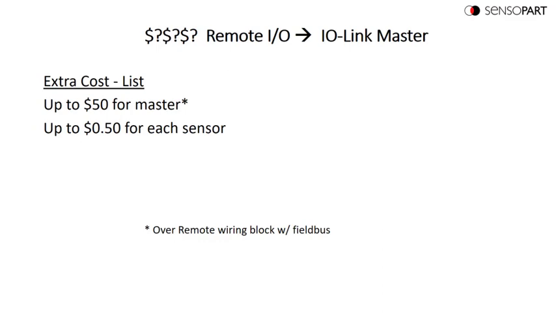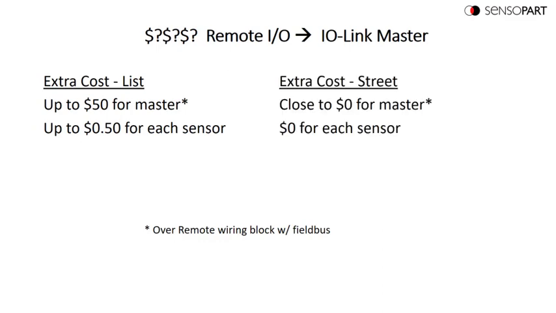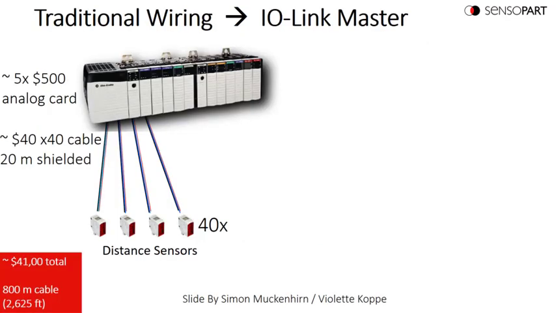The list price extra for IO-Link might be $50. It may be 50 cents for a sensor. It's hard to tell because the street price is no extra money for a sensor and very close to zero for the master because there is a bit of competition. A colleague did this cost analysis using this example.